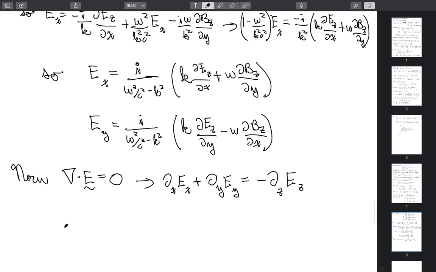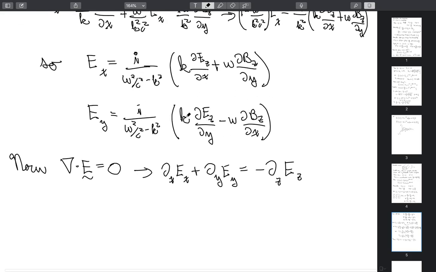Now if I substitute these forms into this equation, Gauss's law, but in the absence of any free charges, because the inside of the waveguide is a vacuum, what do I get?